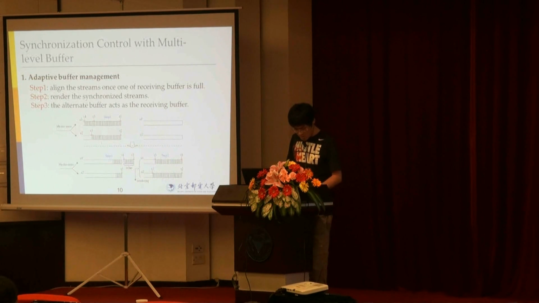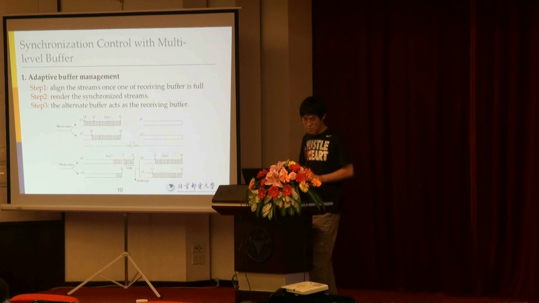First, we describe the basic adaptive buffer management. The buffer management is performed in the synchronization controller. It consists of 3 steps. In the first step, as the media units arrive at the synchronization controller, once one of the receiving buffers is full, we align the streams in the full receiving buffer.